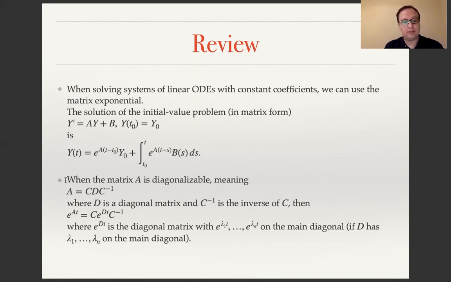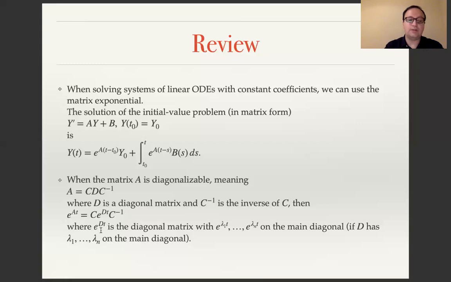When the system matrix is diagonalizable, meaning that A is equal to C D C inverse, where D is a diagonal matrix, C is an invertible matrix called a change of basis matrix, and C inverse is the inverse of C, then we can use this to compute the exponential that appears in the previous formula, namely the exponential of At is C times the exponential of Dt times C inverse.